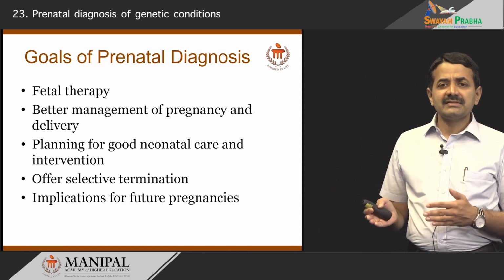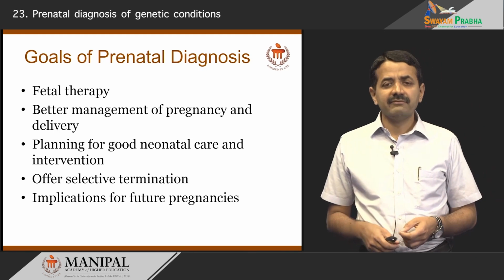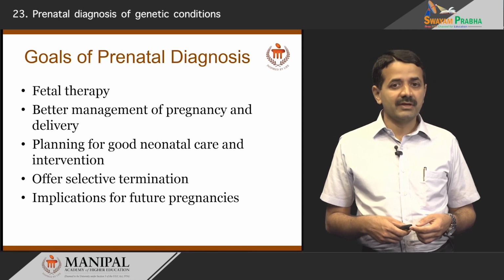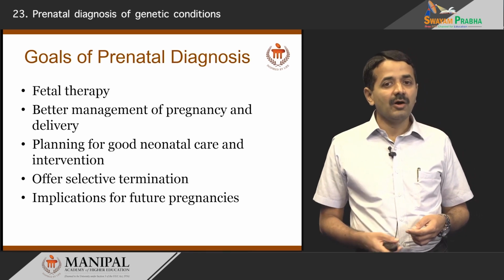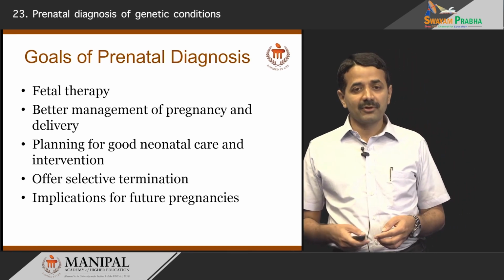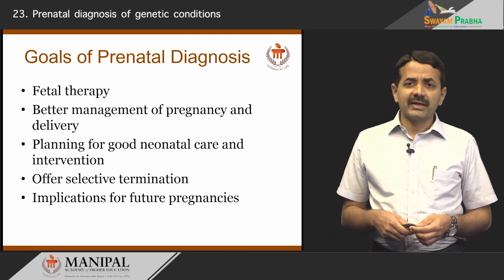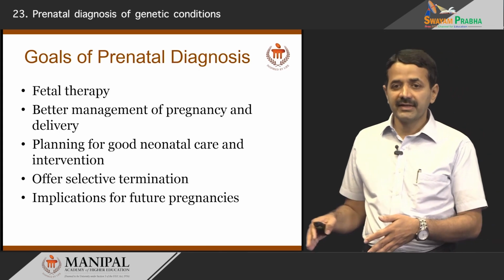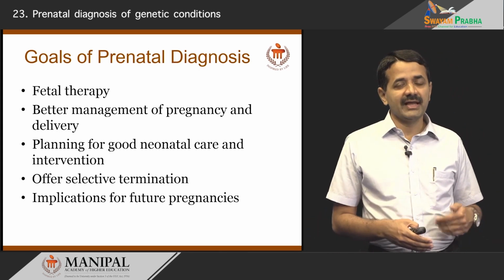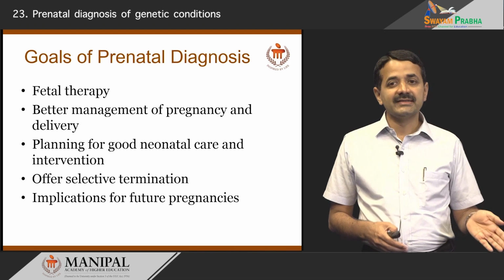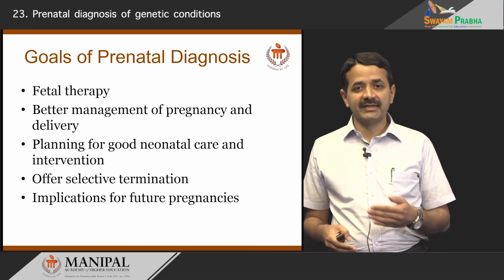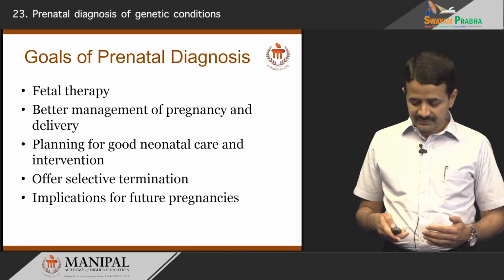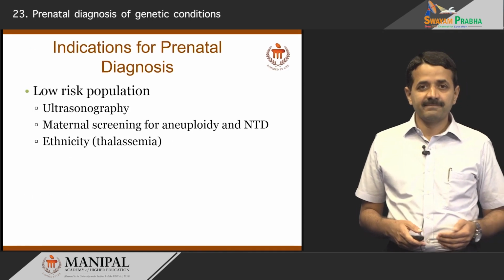Unfortunately, several disorders do not have any treatment, and we end up offering termination of pregnancy where the fetus is severely affected or may not have a useful and productive life. And sometimes the pregnancy may end up being aborted, but will it recur? Will it happen again in a subsequent pregnancy? That can also be known by prenatal diagnosis. So, this slide summarizes why we do prenatal diagnosis for pregnancies.